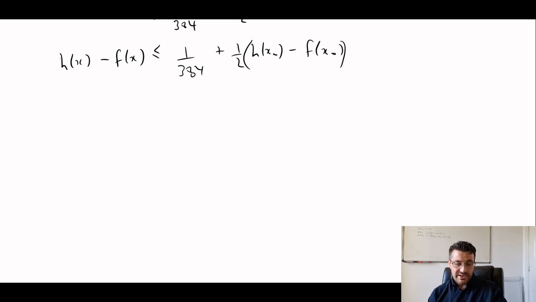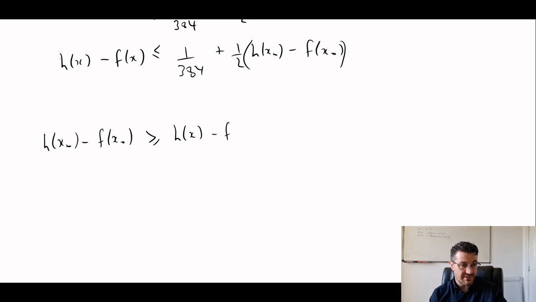So I tried all sorts of things here. I was thinking, because we know that, for example, h of x naught minus f of x naught is going to be greater than or equal to h of x minus f of x, because remember that h of x naught minus f of x naught is the maximum value of h of x minus f of x. Then we know that this holds. So I tried to mess around with this a little bit, but nothing seemed to work.